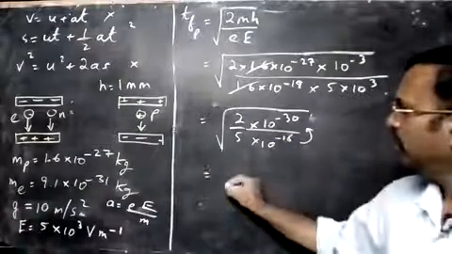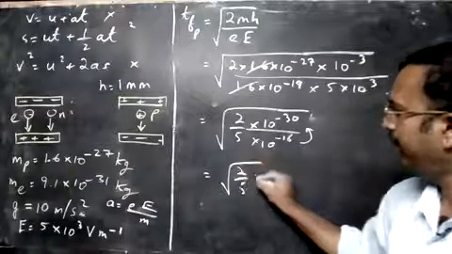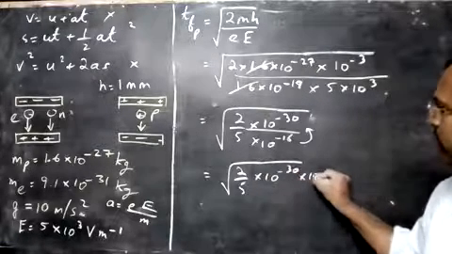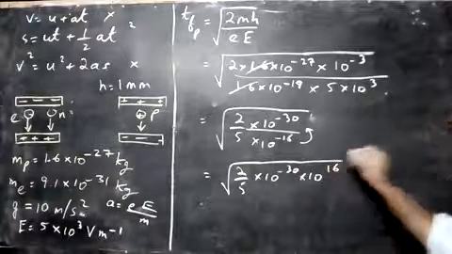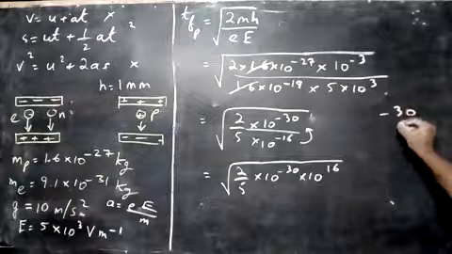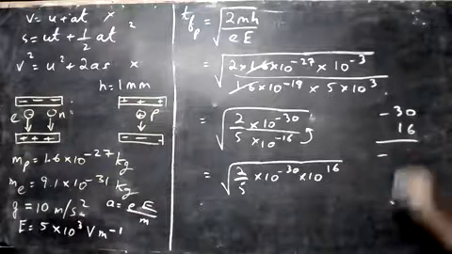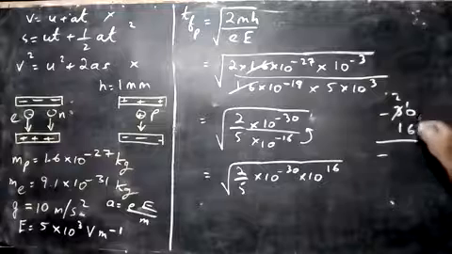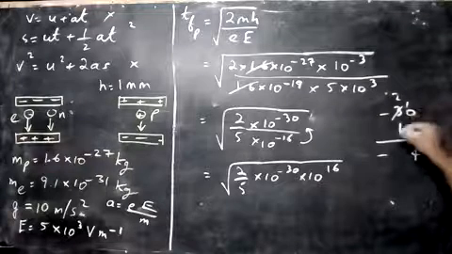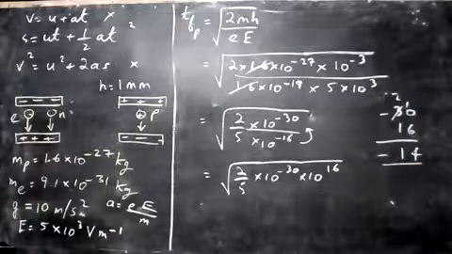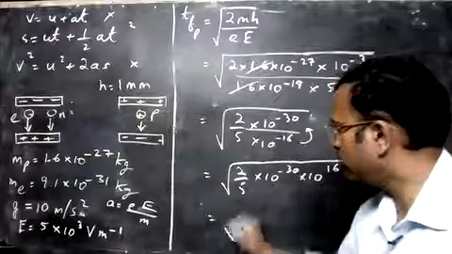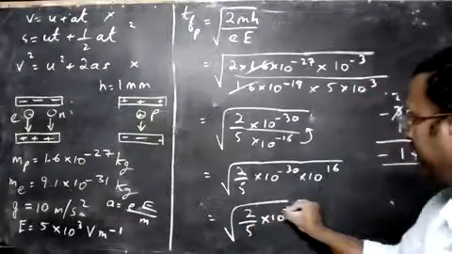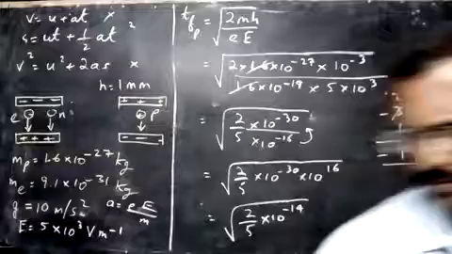So we get here root of 2 by 5 into 10 power minus 30 into 10 power plus 16. So minus 30 plus 16, minus sign will be there, so we get minus 14. So what you get is root of 2 by 5 into 10 power minus 14. Very simple.